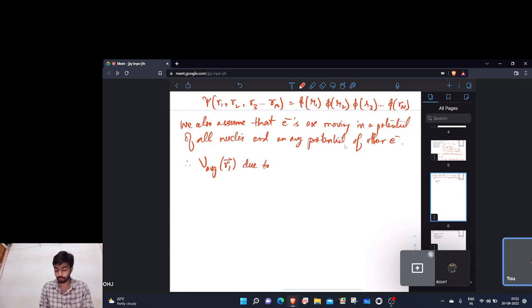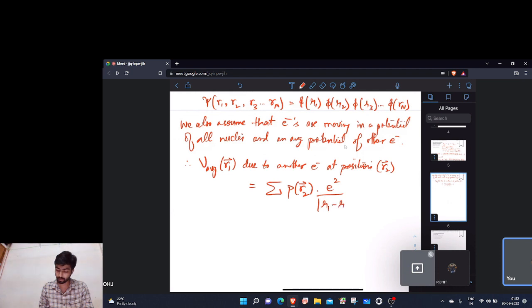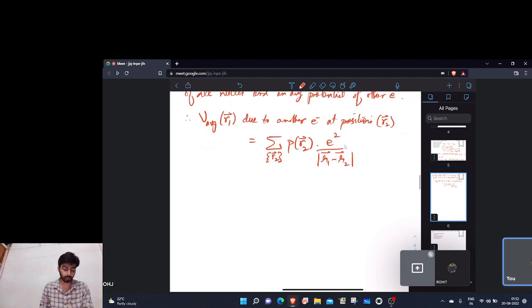Now what impact does this have? If I calculate the average potential V at position R1 due to, let's say, another electron at position R2, it would be the probability of finding the electron at position R2 multiplied by the potential energy, R1 minus R2. And this goes for all the positions R2 can take; the summation goes over all positions.